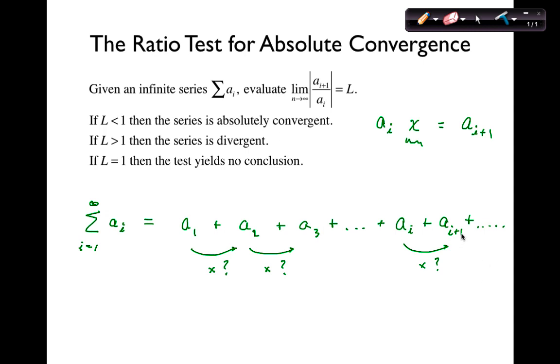Hint, solve for x. It's a_(i+1) over a_i. So given any term, if you multiply by the ratio of the next term to the current term, you'll get the next term. Does that make sense?